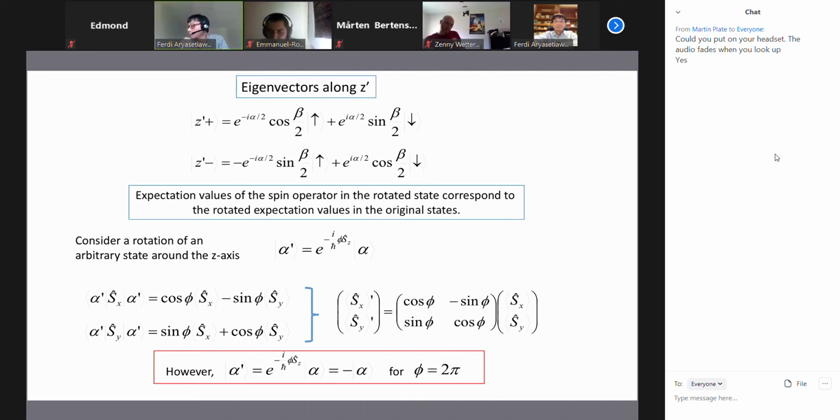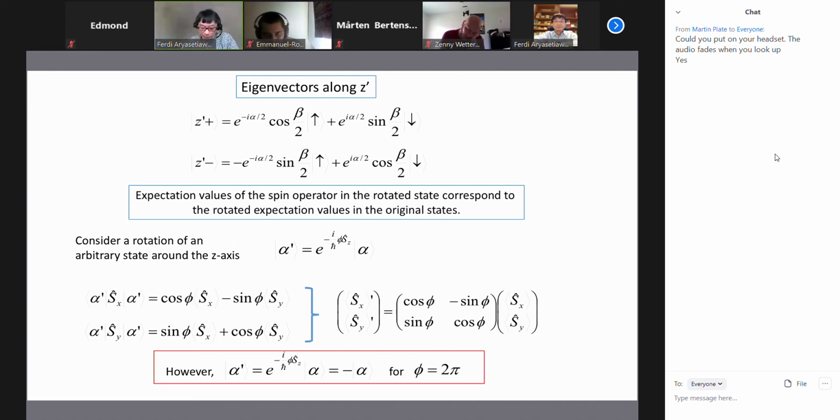So now I would like to verify that if we make a rotation of an arbitrary spin state, then the expectation values of the spin components do actually rotate in real space. So that's what we might expect. So let's do that.